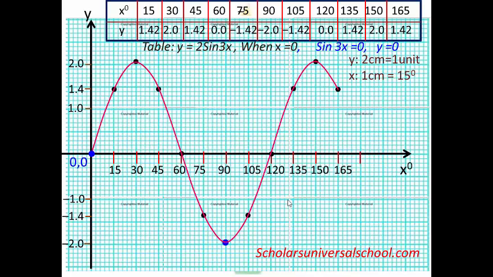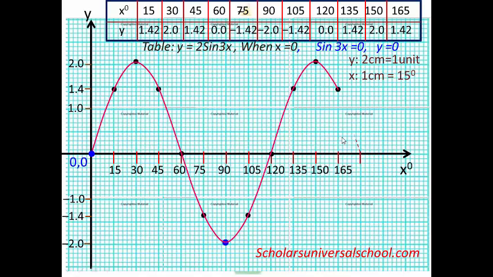Now, just look at this graph, the way it goes. What if we now want this graph to continue this way to get to the x-axis? Where will it cut it? That is, where will it cut the x-axis? Let's assume that you are told that at the terminal point of this graph, this point, where will it cut the x-axis?